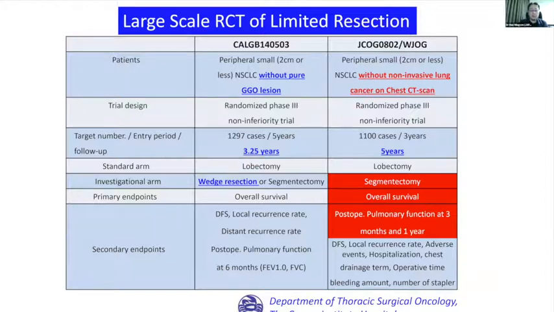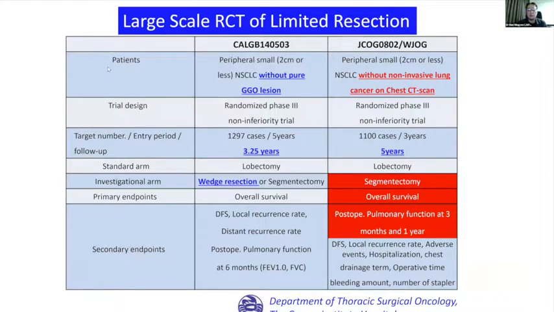This is a major randomized control study of limited resection. One is the CALGB study, and one is the JCOG0802 study. You need to know the difference between these 2 studies.